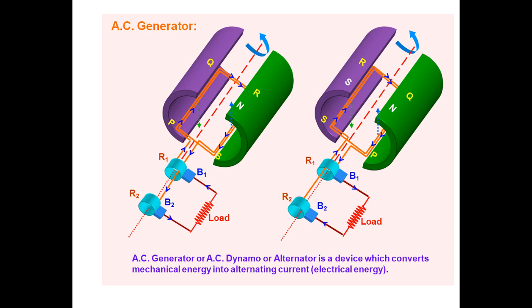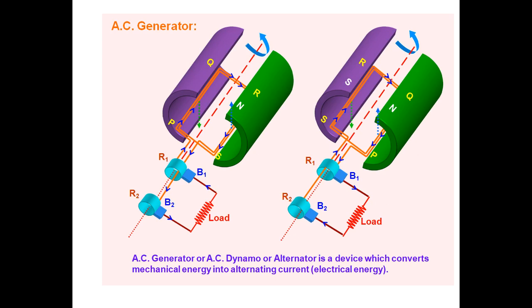If EMF is induced, current is induced in the coil. So using that magnetic field we produce current. That concept is known as what? Electromagnetic induction. So this AC generator works on the principle of electromagnetic induction.